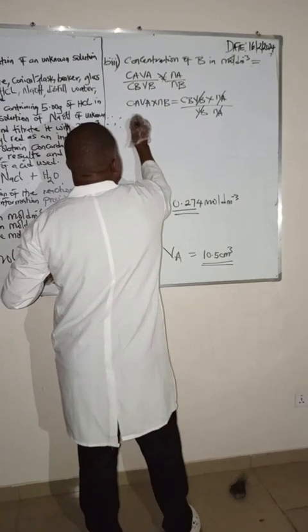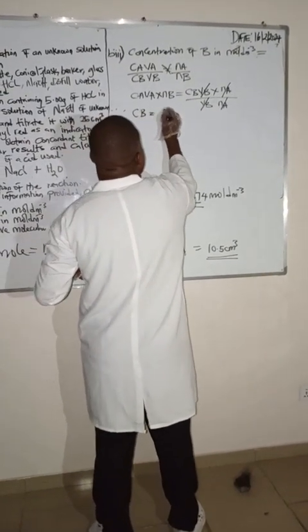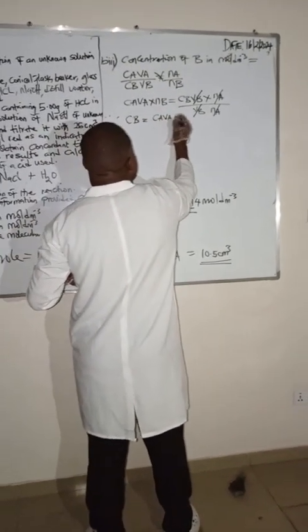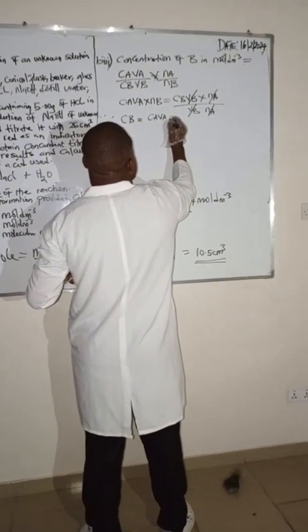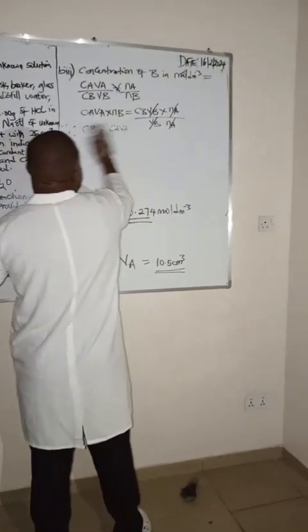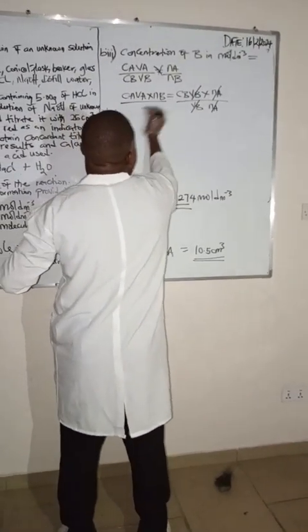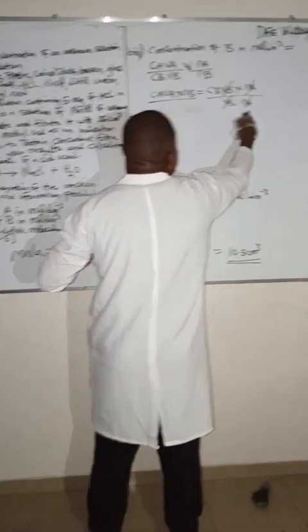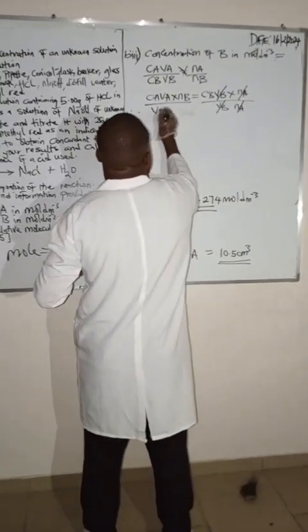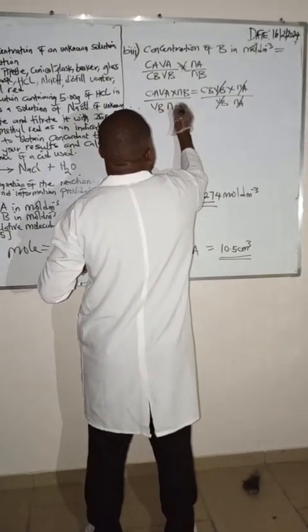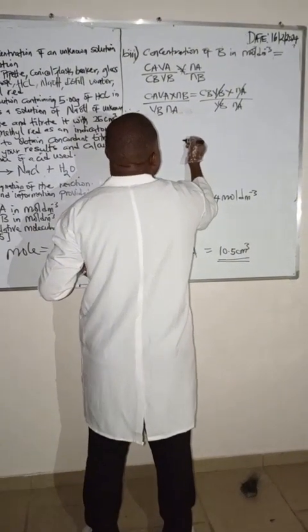So therefore, CB is equal to CAVA over VB NA. Back to this: we are dividing both sides by VB and NA. Are you there?